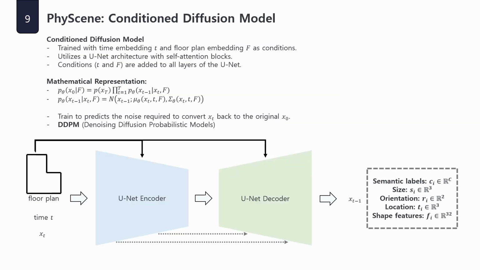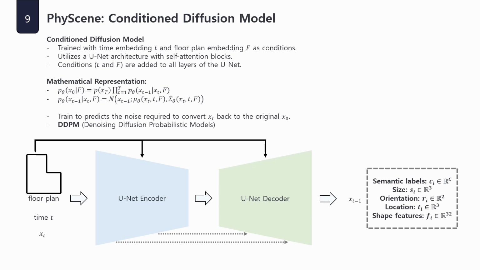PhysScene trains a conditional diffusion model with time embedding T and flow plan embedding F as condition. To achieve this, it used a U-Net architecture with self-attention blocks, where T and F are added as condition to every layer of the U-Net. Mathematically, this involves learning the likelihood of x0 given F with learnable parameter theta.